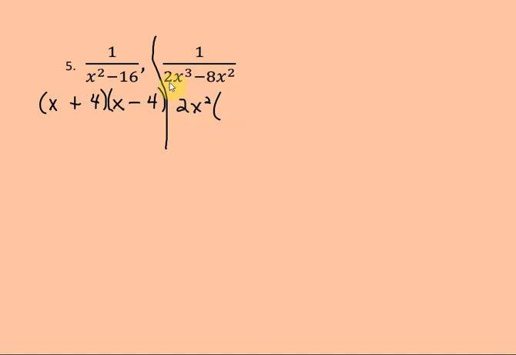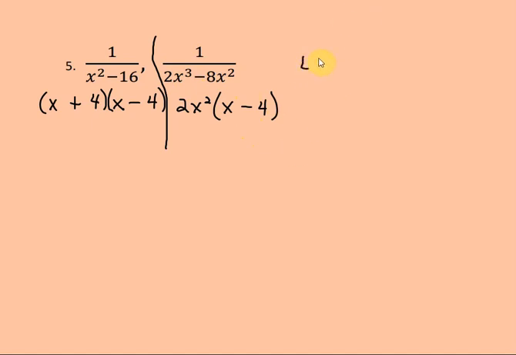Okay, so if I divided 2x to the third by 2x squared, the 2's would cancel. I'm taking away 2 of the x's, so there's an x left. Bring down my minus sign. 8 divided by 2 is 4, and then the x squares would cancel out. Okay, so now that side is completely factored.